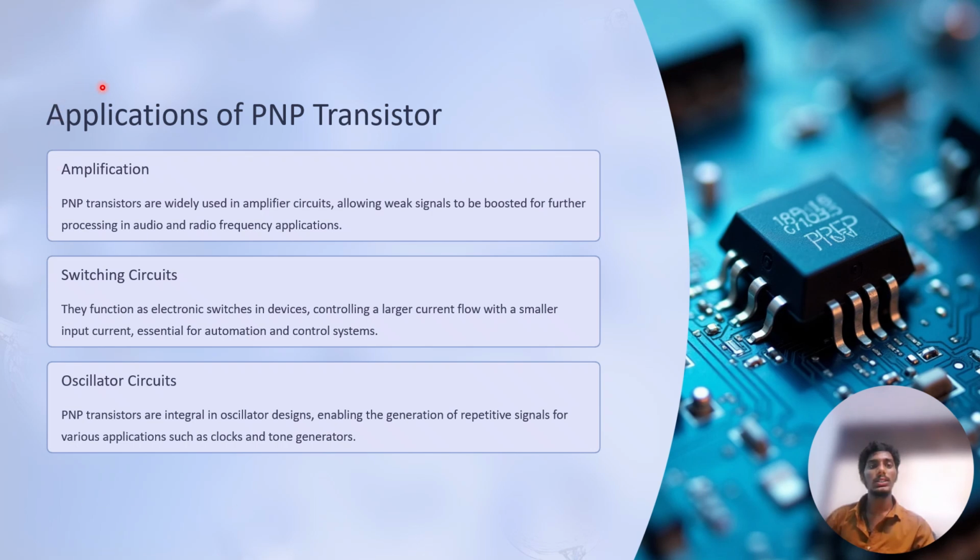The biasing conditions of the PNP transistor are over, and let's consider the applications of the PNP transistor. The main applications of PNP transistors are three. First, amplification of signals. We use a PNP transistor to amplify, to boost the signal strength, because when the signal is of very low strength, a disturbance occurs.